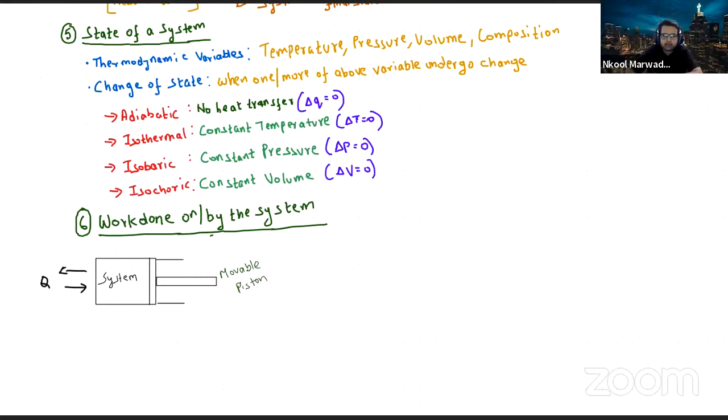Now, let us do some mathematics. Whatever we are observing here, we will write mathematically. So let us give it a try.